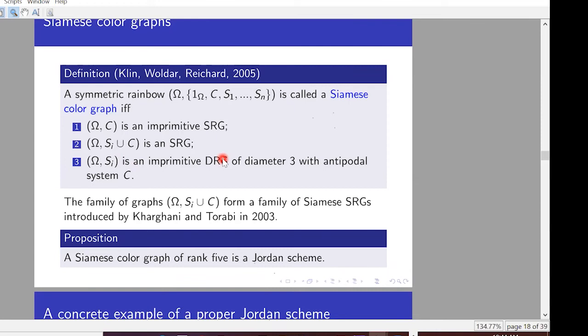And in February 2019, Misha Klein called me and asked whether the Siamese color graph which does not come from a generalized quadrangle could provide an example of a proper Jordan scheme. Then I thought for a while, called him back and said, yes, it will be a Jordan scheme, but we don't know whether it's proper or not.